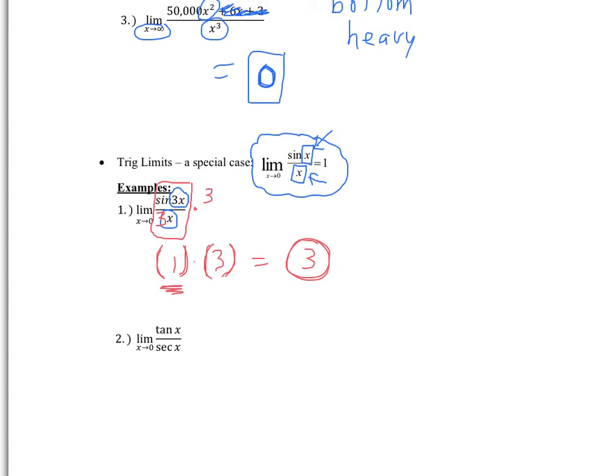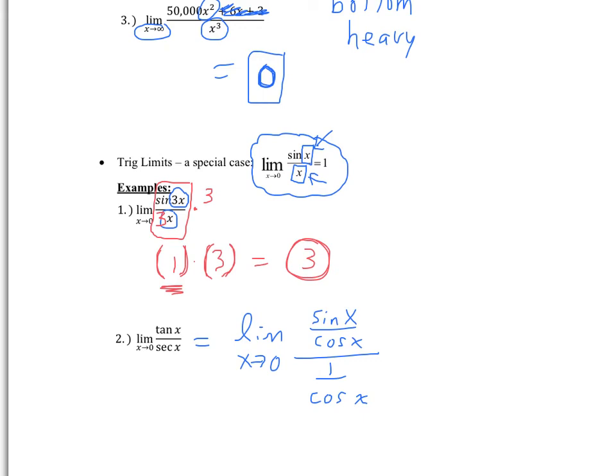The last one here is an example where we're looking at a couple different trig functions. What you want to do is keep your identities in mind. So if I rewrite this and carry over my limit notation, tangent, recall, is the sine of x over the cosine of x. And secant, we have an identity for that. That's 1 over cosine of x.